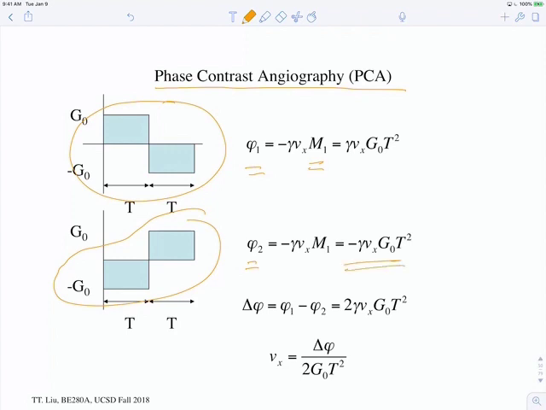Both depend on the gradients, how long they're on, and also the velocity. If I take the difference, phi1 minus phi2, I get an expression related to velocity. So I measure the change in phase, I know the gradient, I know the time it's on, and I solve for Vx. That's the phase contrast angiography experiment.